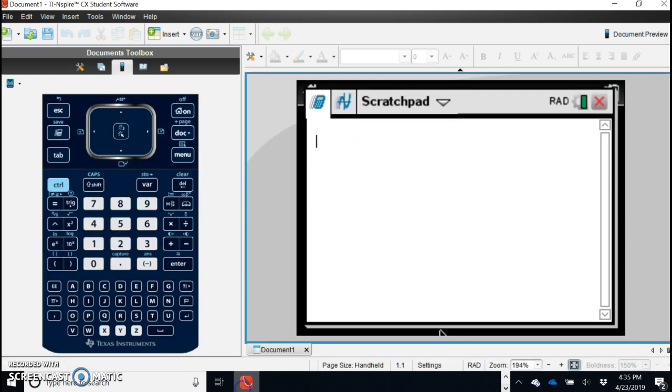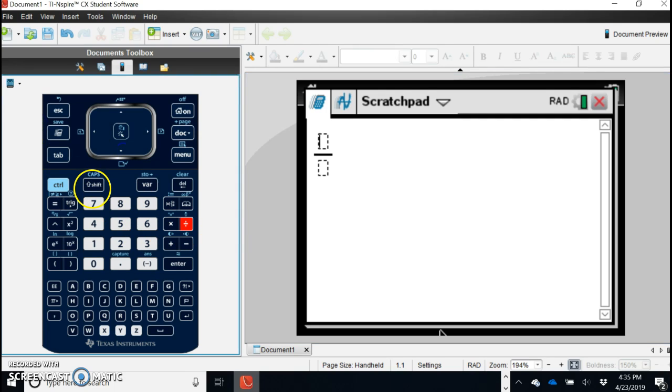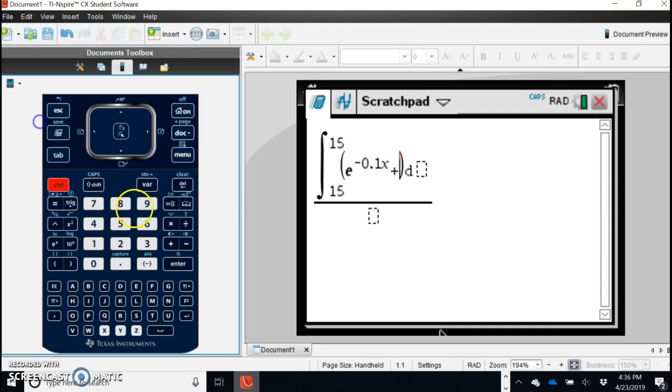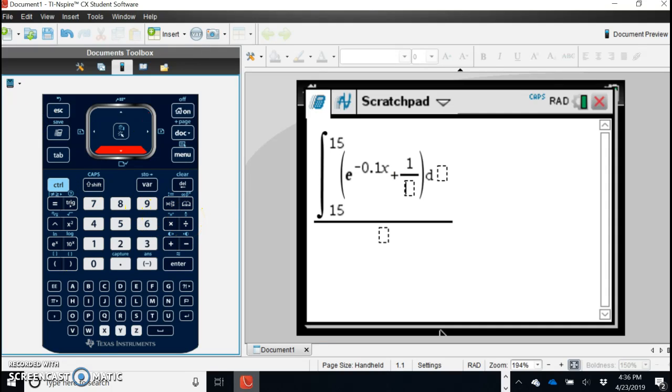I'm going to just toggle over to a calculator and show you how I would do this. I'd make a little fraction for myself, put my integral up top. Whoops, let me try that again. From 15 to 25 of e to the negative 0.1x plus 1 over x squared. I'm going to insert another fraction here, 1 over x squared dx.